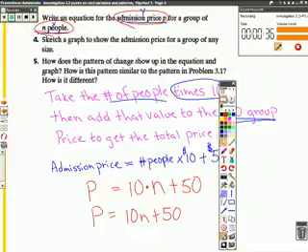Now, in the last video, we did talk about what was X and what was Y. We need to know that now to make the graph. So we said that the admission price is Y and the number of people is X. The reason I picked it that way is because I can't figure out the admission price until I know how many people are going to go.